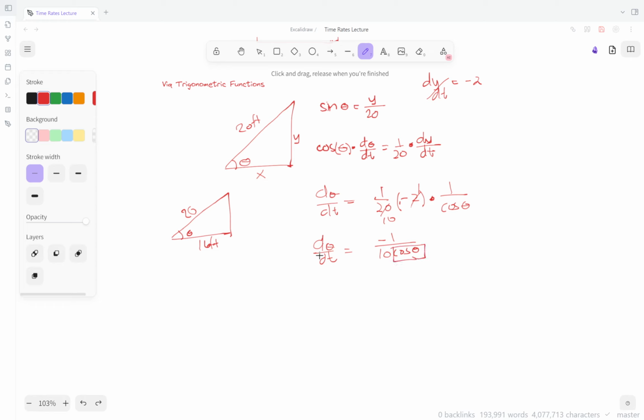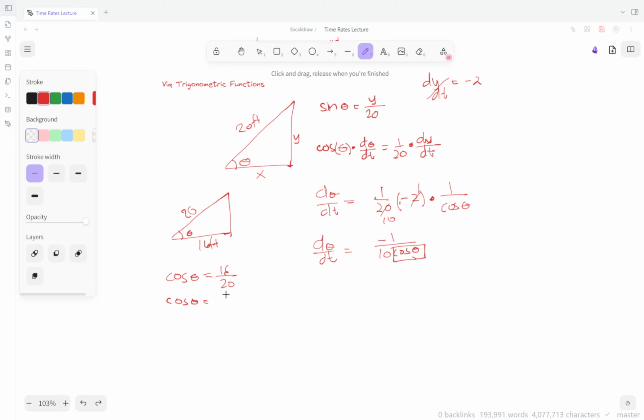To know cosine of theta, it could be done by using inverse trigonometric functions. But the best way here is to make use of 16, because if I say cosine of theta, remember that 16 is the adjacent side of theta, 16 over 20. And I don't need to solve for the actual angle here.